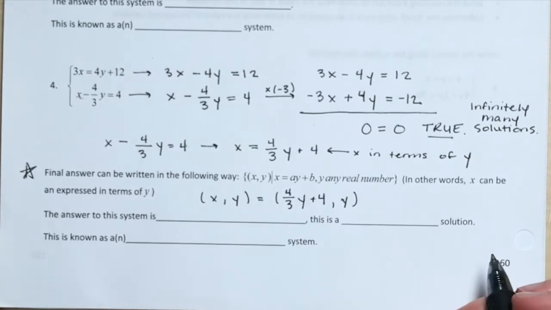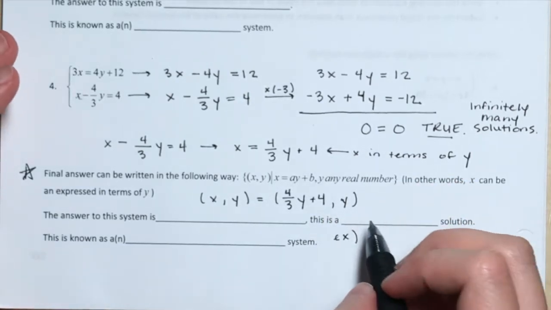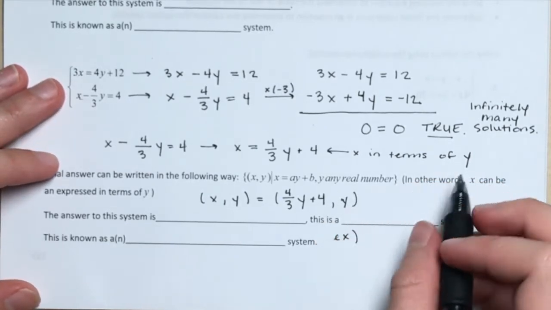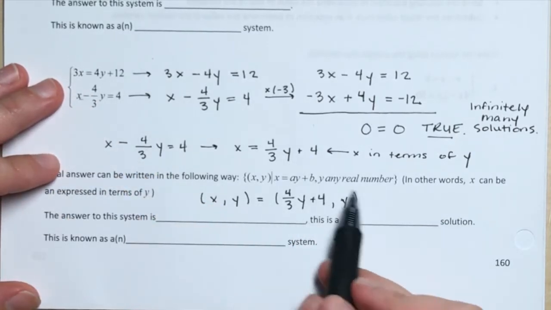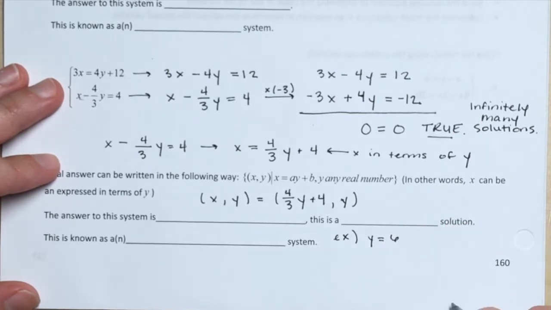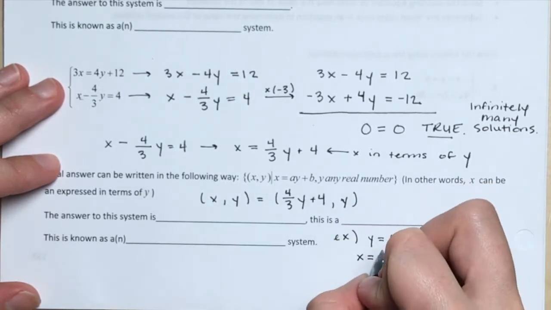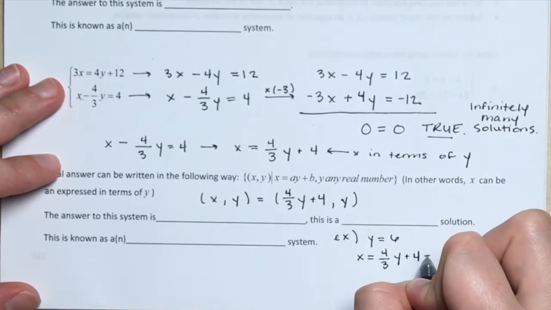Now, what does this mean? I know I don't have a ton of extra room here, but I'm going to do sort of an example down here. What this means is that if I pick any y value, then a point that's going to be a solution to this system of equations is going to have this structure. So for instance, let's pick y equals 6, for example. If y is 6, then x is going to be 4/3 y plus 4.